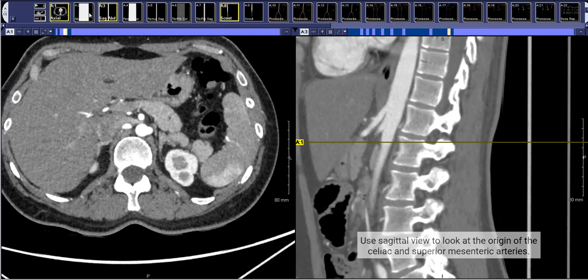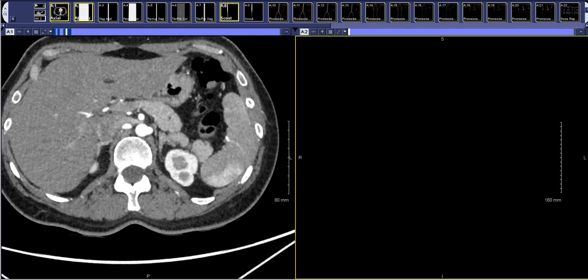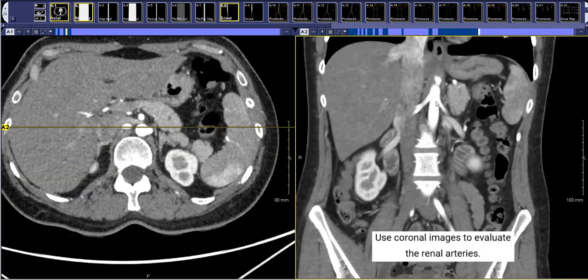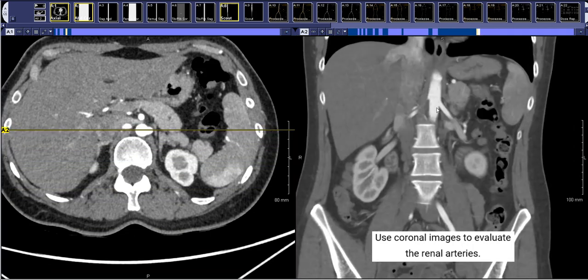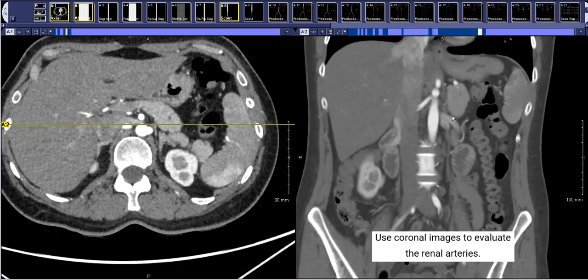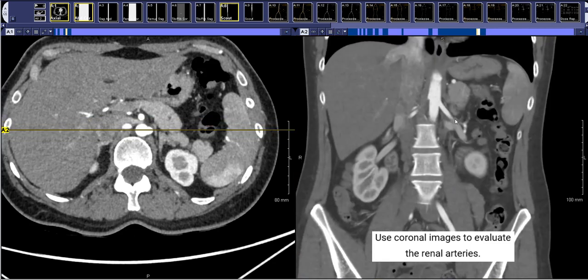Next up come the renal arteries, and I like to verify their patency on a coronal view. So there's always a coronal reconstruction, and you can verify that in this case there's kind of an early branching of the right renal artery, which is an anatomic variant, occasionally important if they're going to do like a renal artery bypass.